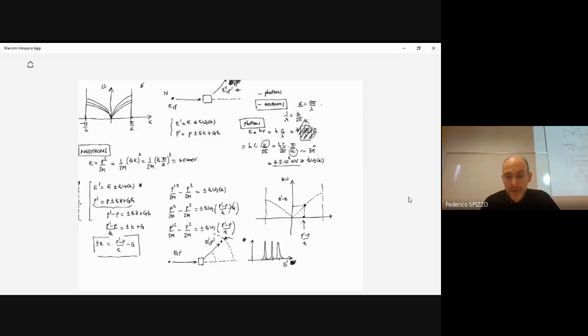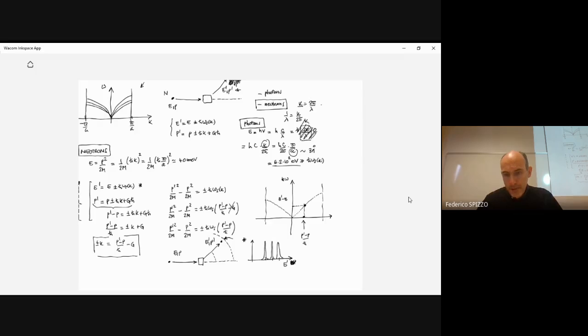So for a fixed geometry, that means for a fixed orientation of p prime, you may have a number of peaks that ranges from 1 up to 3, depending.